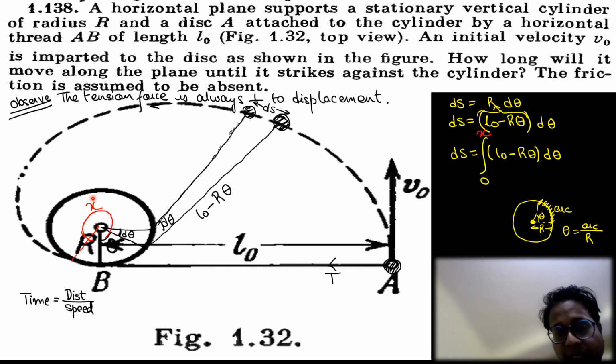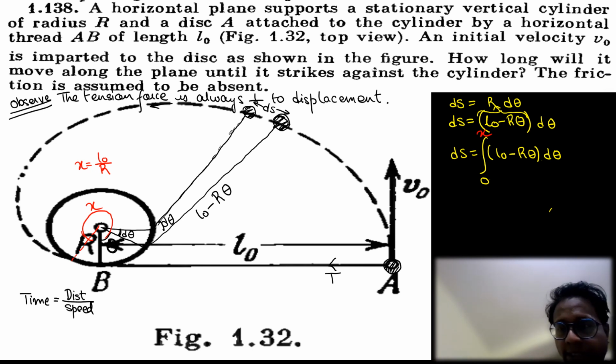This is x in radians, understood? And what is the length of this entire path? The length of this entire path is nothing but this length of the string. The string will collide out here only when the entire length has been exhausted. So the length of the entire path is L naught, and the radius of the cylinder is already r. So this entire value of x is nothing but L naught by r. Understood?